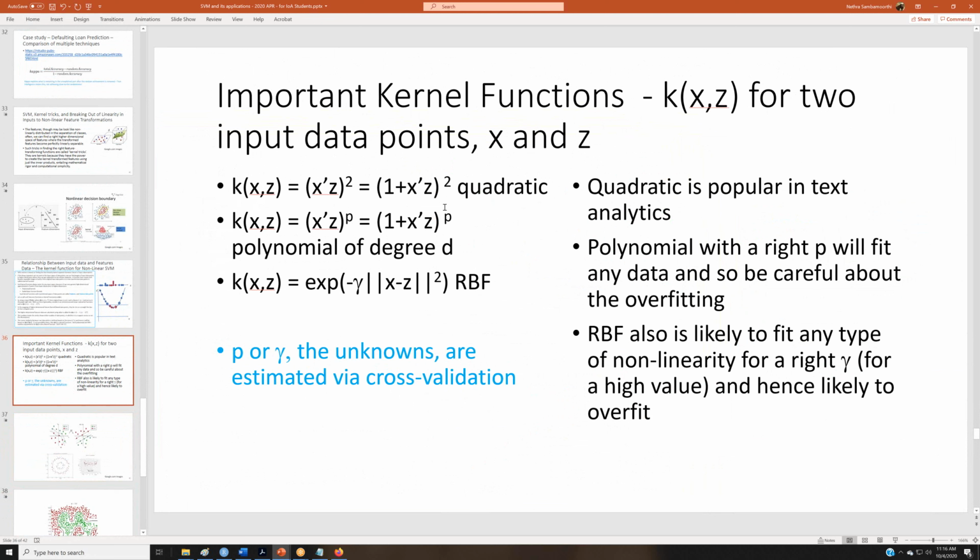What it says is, you take the vectors, the data, and you create this kind of expression: 1 plus the cross product terms, and square it. This is the cross product term plus 1.